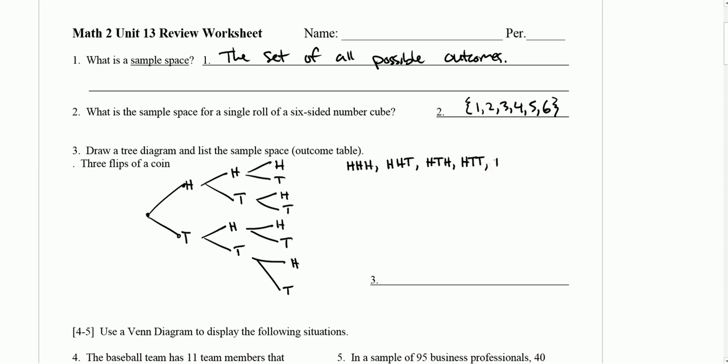Tails, heads, heads; tails, heads, tails; tails, tails, heads; and tails, tails, tails. There are 8 possible outcomes in the sample space.